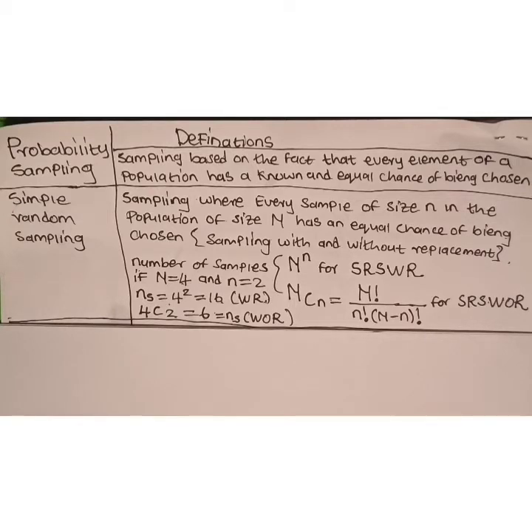For example, take a population of 4 and a sample size of 2. With replacement, we say 4 to the power 2, so we have 16 samples. Without replacement, we say 4 combination 2, so we have 6 samples.